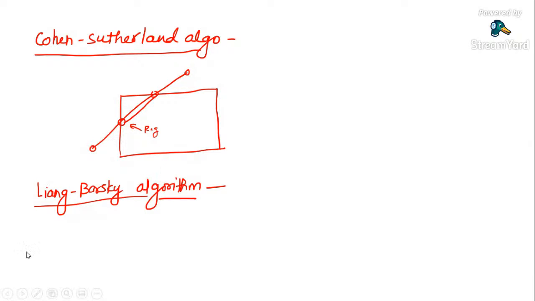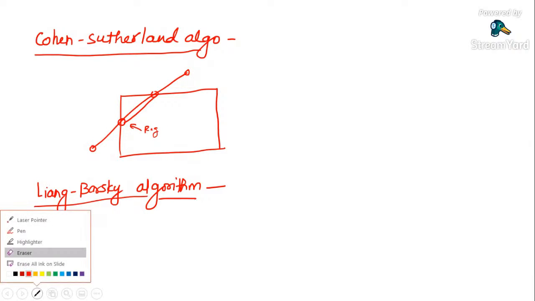Whenever you apply the algorithm, you will get the final answer. That is the difference between Cohen-Sutherland and Liang Barsky. Liang Barsky is used to remove the disadvantages of Cohen-Sutherland, and it improves the performance.